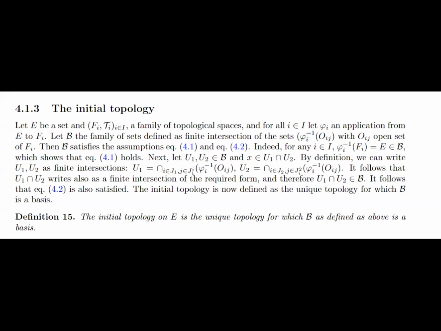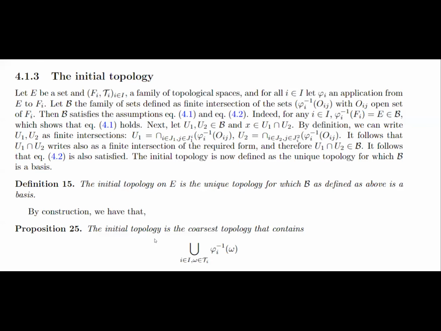And we can remark that by construction, the initial topology is the coarsest topology that contains the reciprocal images of the open sets in the Fi, in the tau i. So that means this is the coarsest topology that makes the phi i continuous.